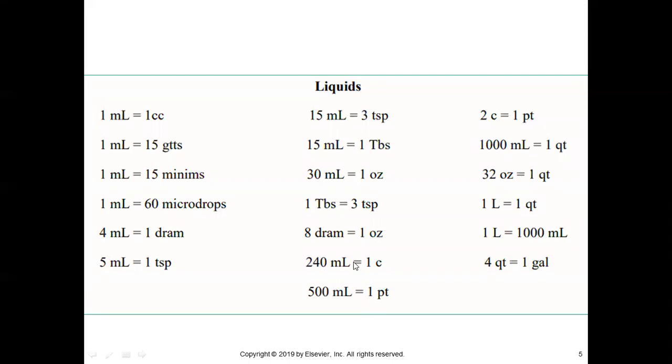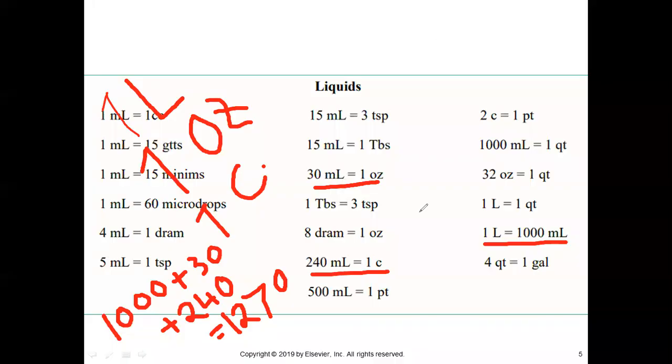Example, my patient took 1 liter water, 1 ounce orange juice, and 1 cup apple juice. How much total input? In NCLEX board, if you get, my patient took 1 liter water, 1 ounce orange juice, and 1 cup apple juice.